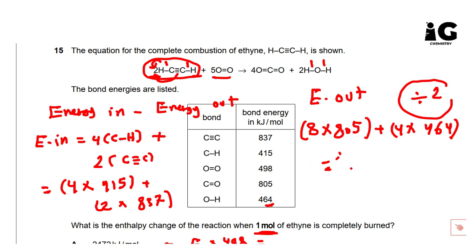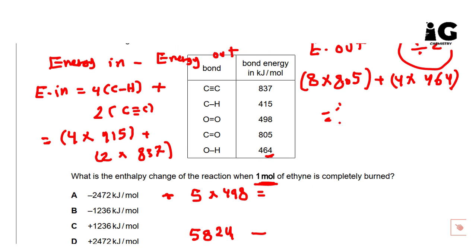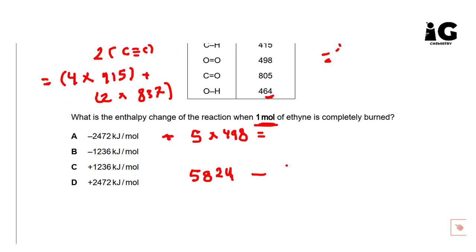Let's do it in the calculator and let's see. So the final for the energy in is 5824, okay, minus the final for energy out by calculator, the total here is 8296, and you can do it in your calculator to make sure. So actually, because this is bigger, so take care, this is bigger, so negative 2472.